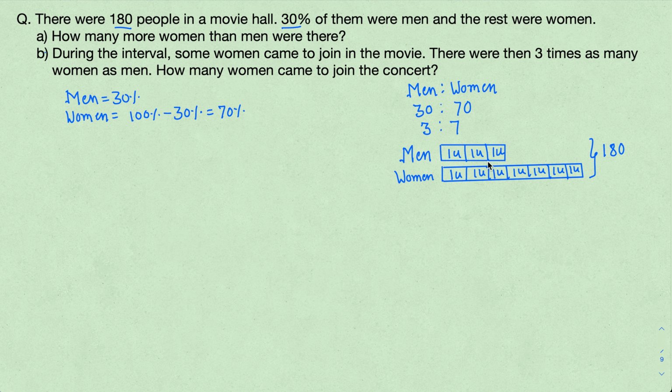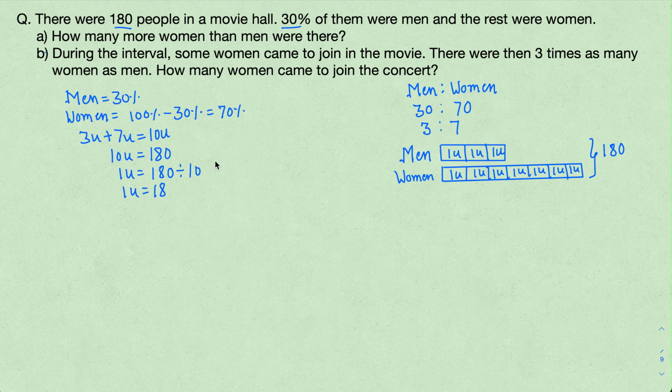You can see from here, 3 units plus 7 units is 10 units, and these 10 units are equal to 180. So 1 unit will be 180 divided by 10, which gives us 18. So 1 unit is 18.